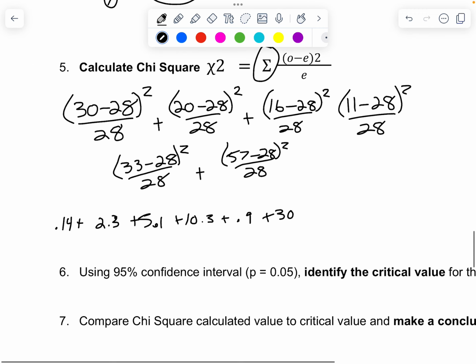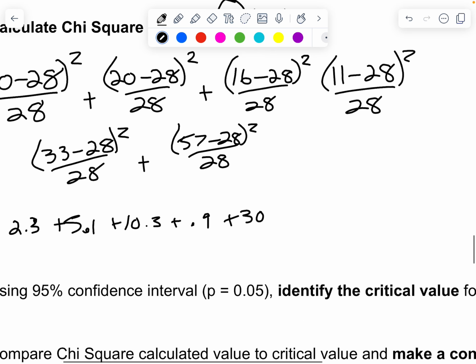That was obviously the biggest one. That one's going to really skew this number. So 30 plus 0.9 plus 10.3 plus 5.1 plus 2.3 plus 0.14 is 48.7. So that's our chi-square value.